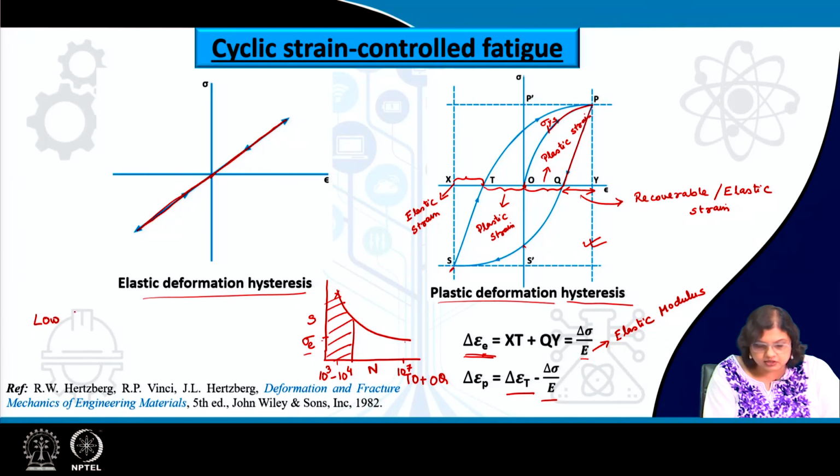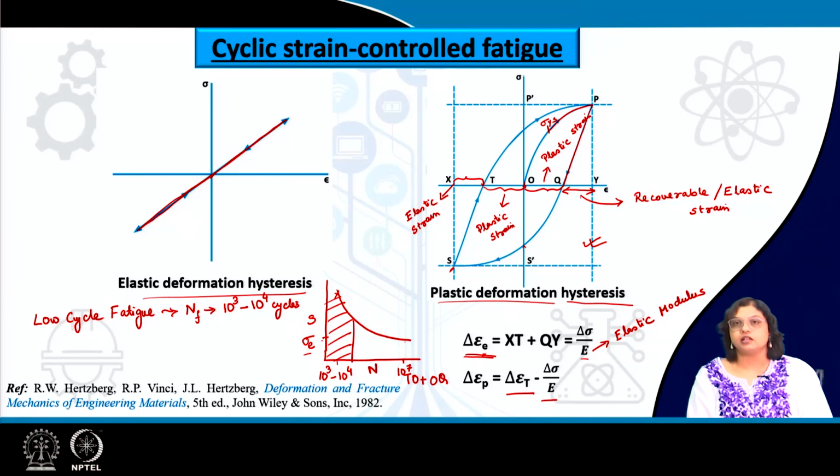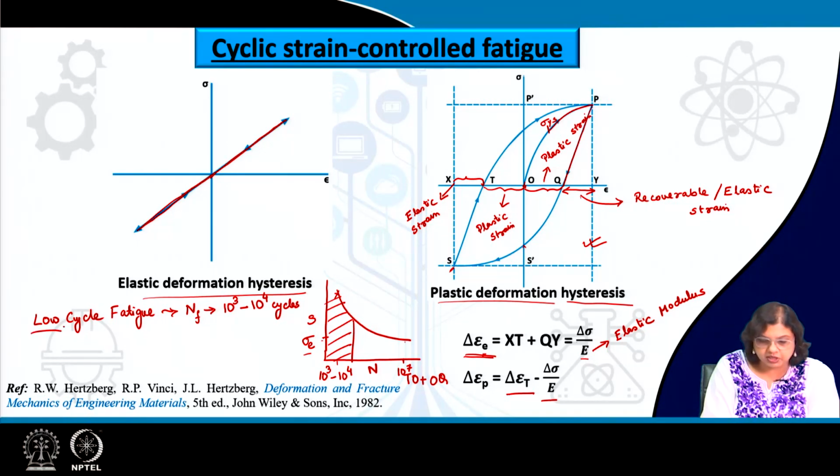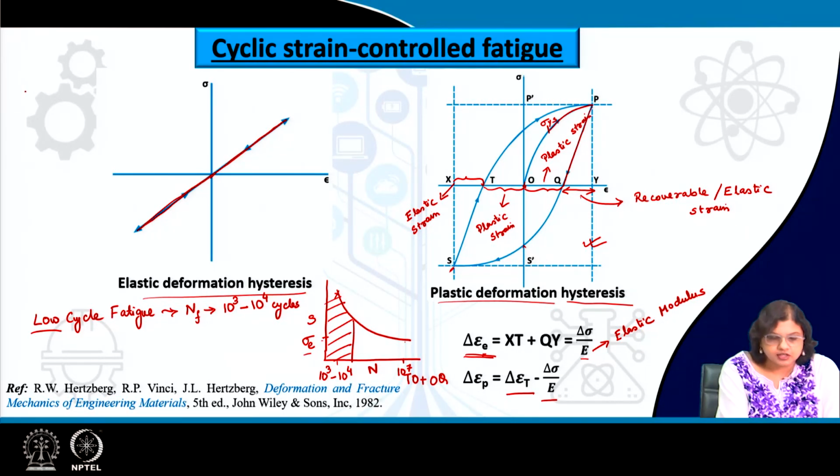This is what is known as low cycle fatigue, when the number of cycles to failure, N_f, is typically within the range of 10 to the power of 3 to 10 to the power of 4 cycles. The word low here means a lower number of cycles.